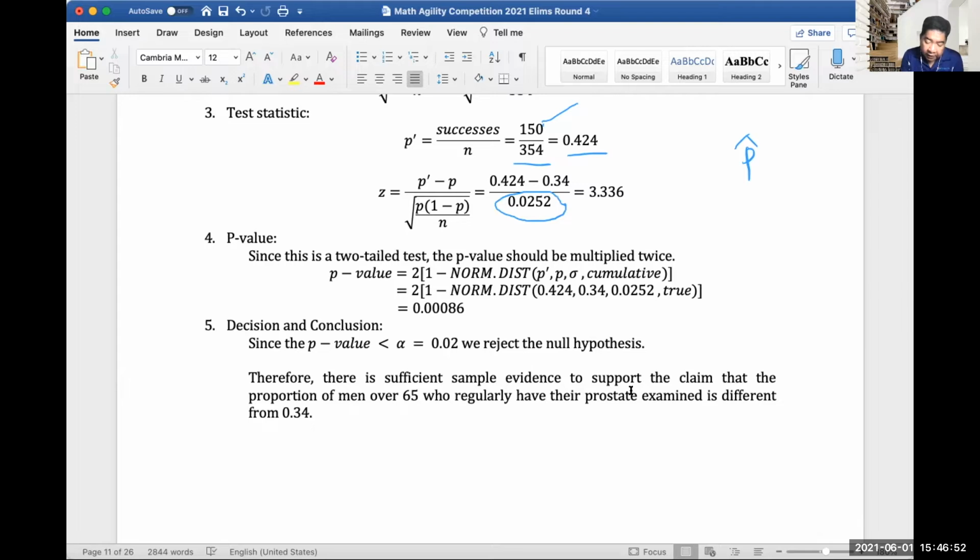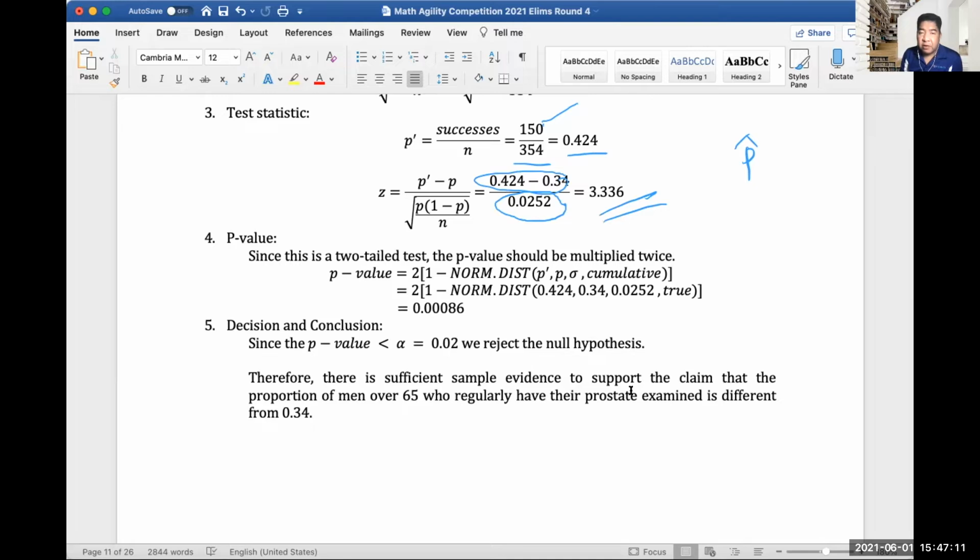So just get the difference and divide by 0.0252, we will get 3.336 as our test statistic.